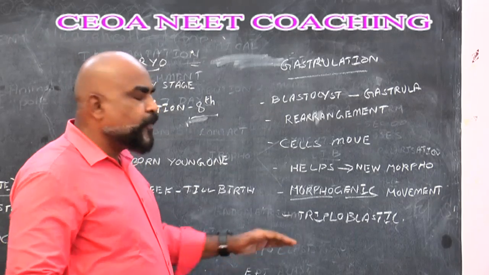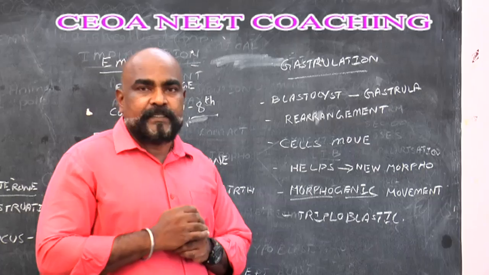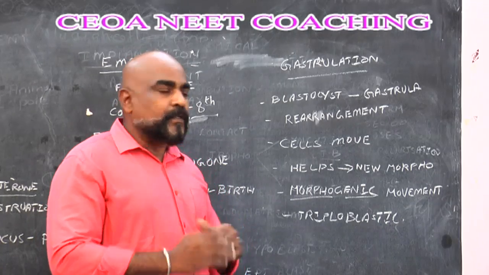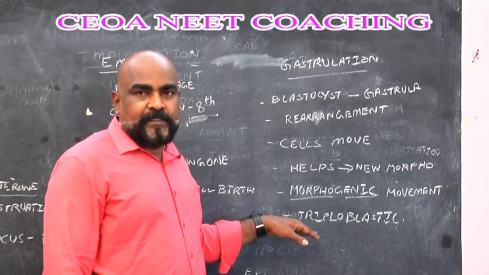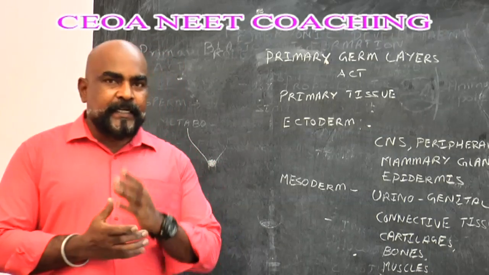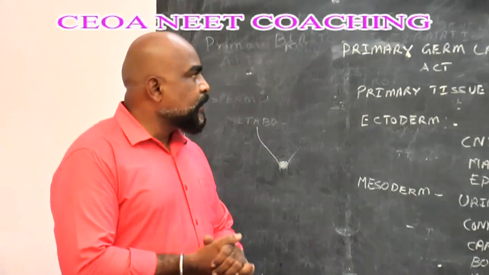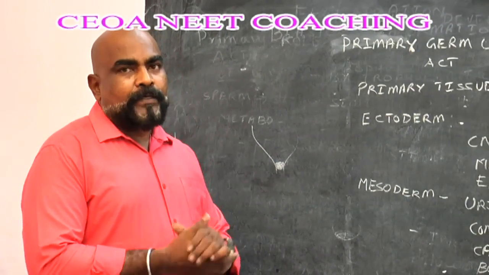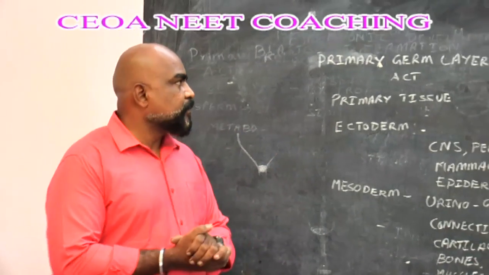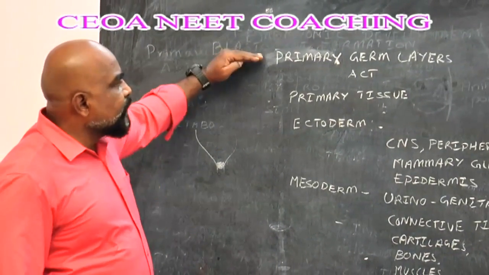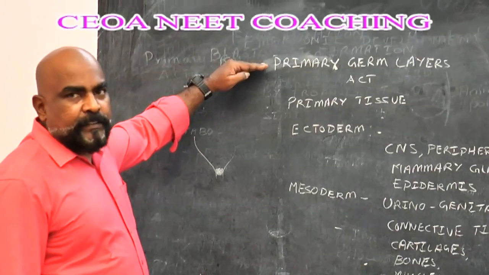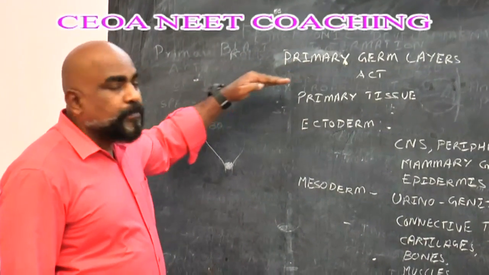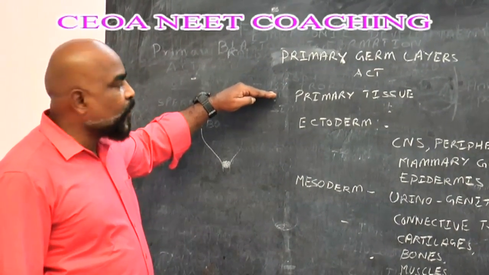And in humans, there are 3 germ layers: ectoderm, endoderm, and mesoderm. So it is called triploblastic. The human embryo is triploblastic and has 3 layers. Let us see what these 3 layers develop. These 3 layers are called the primary germ layers, and they act as primary tissues.